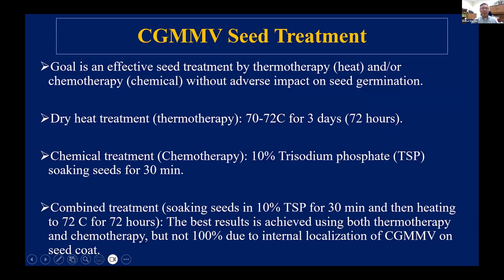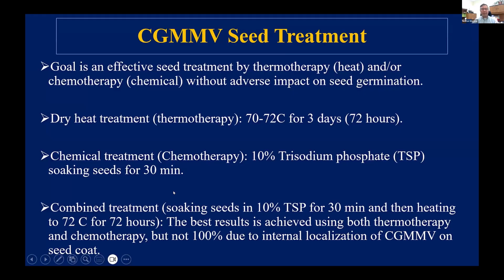For seed treatments, one of the methods used to manage CGMMV, the goal is to develop an effective seed treatment, through heat or through chemicals, without any effect on seed germination. Typically, dry heat treatment uses 70 to 72 degrees for 3 days, about 72 hours, and chemical treatment typically uses 10% TSP, trisodium phosphate, soaking seeds for 30 minutes.